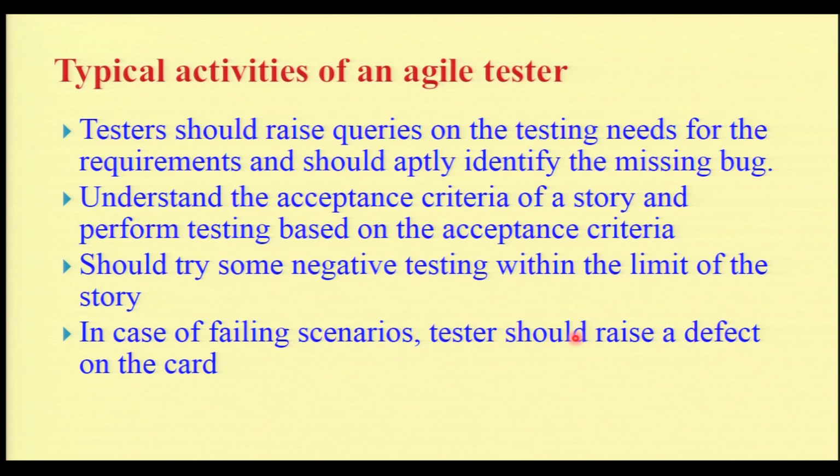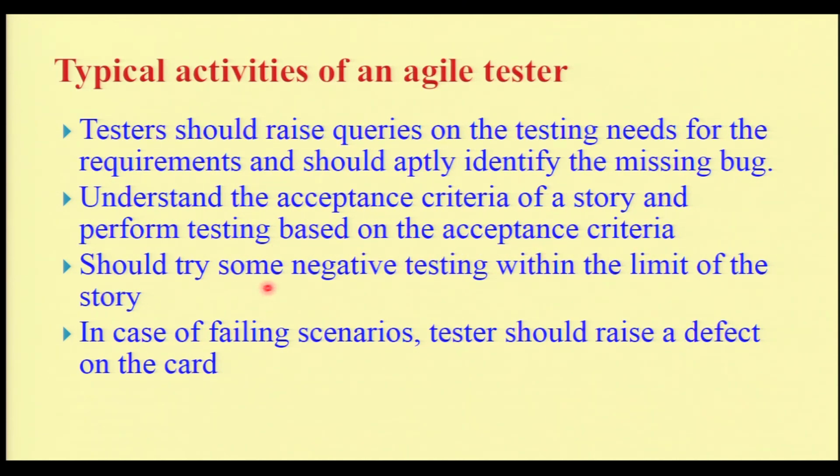Now let us see the typical activities of an agile tester. The tester should raise queries on the testing needs for the requirements and should aptly identify the missing bug. He should understand the acceptance criteria of a story and perform testing based on the acceptance criteria.